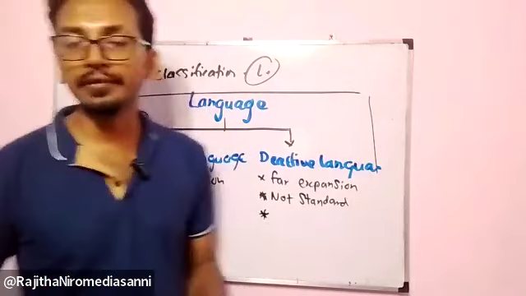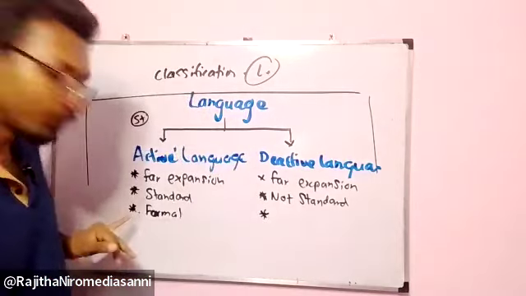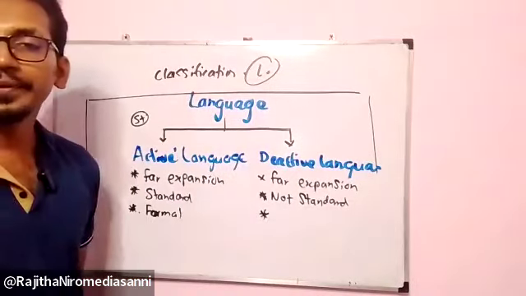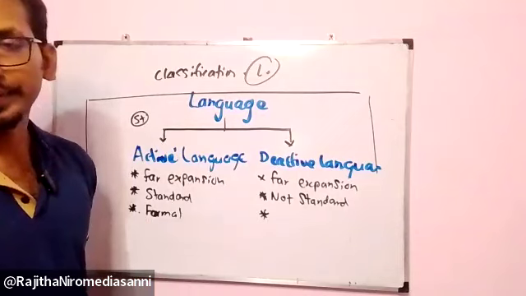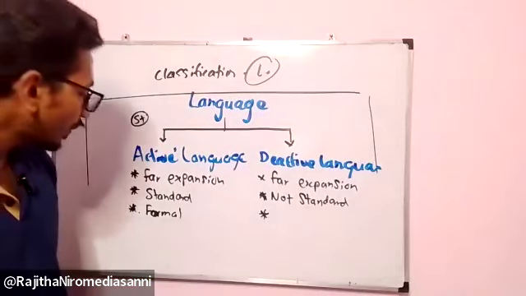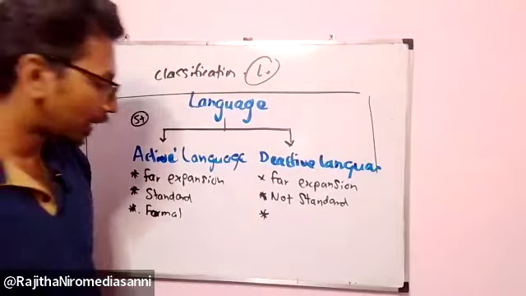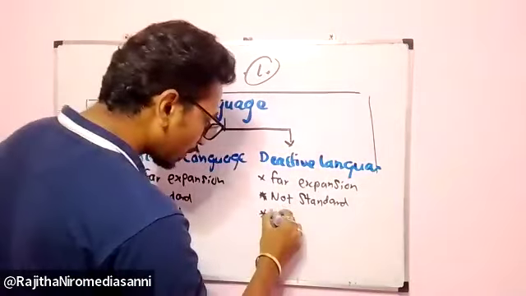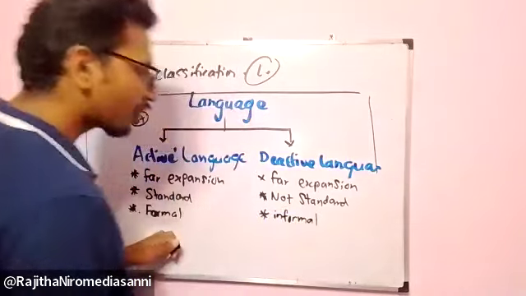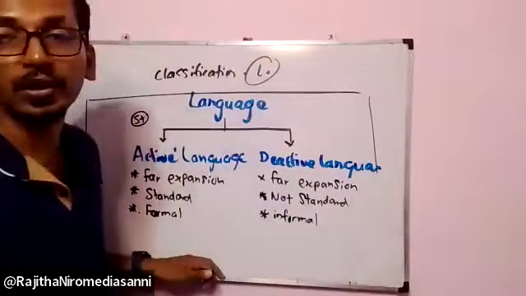Then what is the deactive language idea? This one is formal, this one opposite, very simple: informal. Good. That's why so many gossips and myths come from the rural languages.